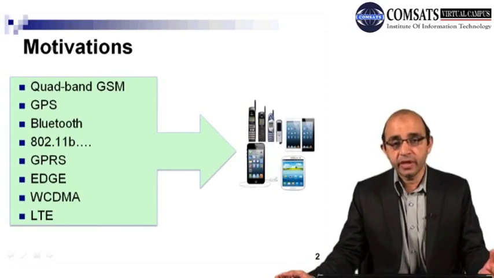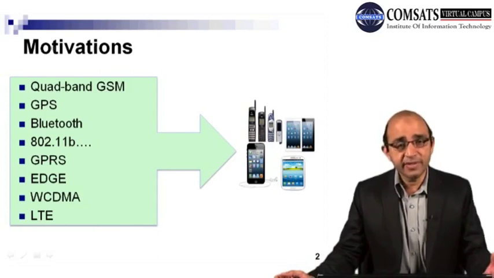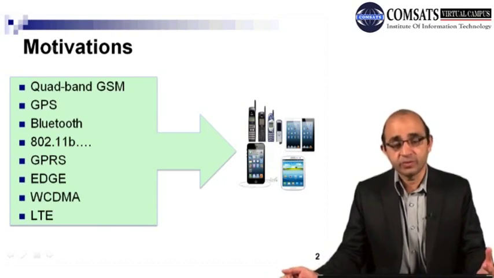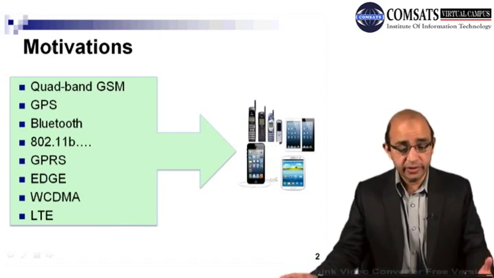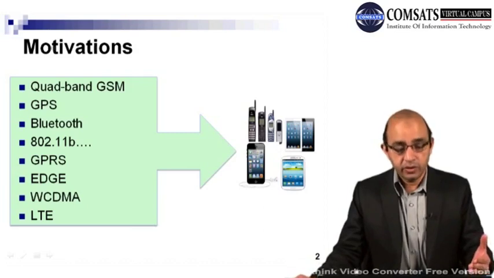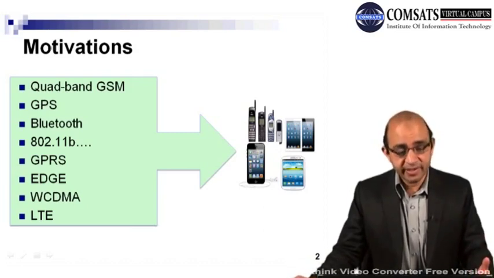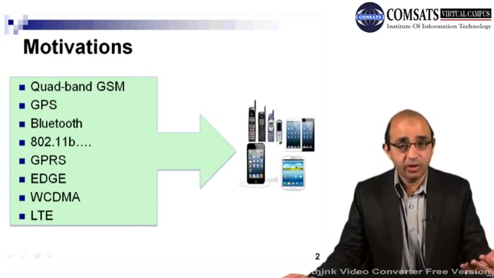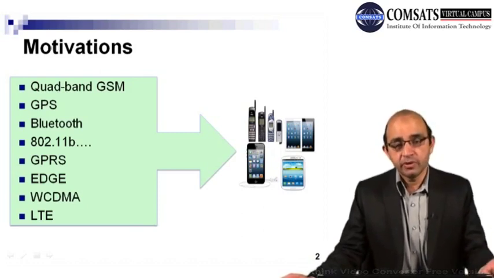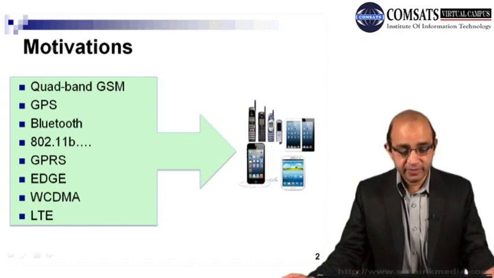Whenever we think about communication or the devices available in the market nowadays, you can see on your screen we have a lot of different standards, a lot of different technologies. You can see quad band GSM, GPS. I want my cellular phone to provide GPS services.